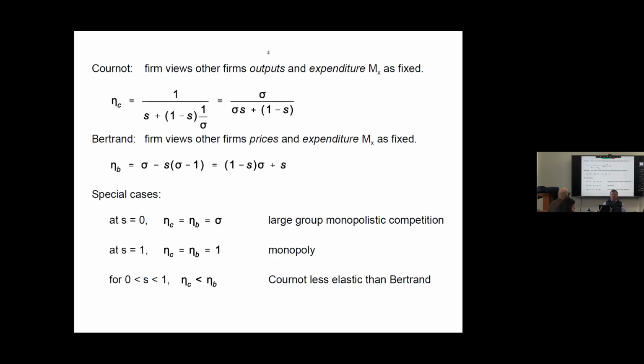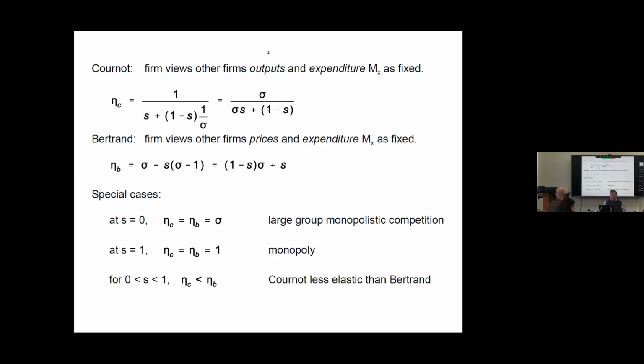That's another way of thinking about the large group monopolistic competition assumption. The elasticity of demand for your good is constant. The formula for Bertrand competition has the same limiting case. As S goes to zero, again, the price elasticity converges to the elasticity of substitution among the varieties. So at S equals zero, these things are the same.